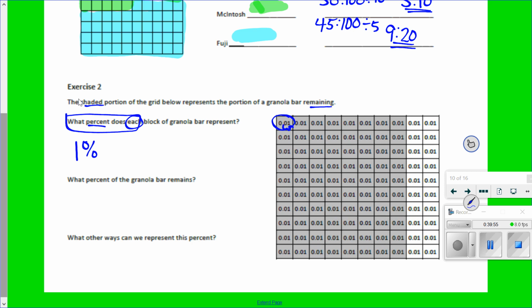Next question, what percent of the granola bar remains? Mateo? Wait, you're saying 20%. Is it 80 or is it 20? Wesley, why do you say it's 20?